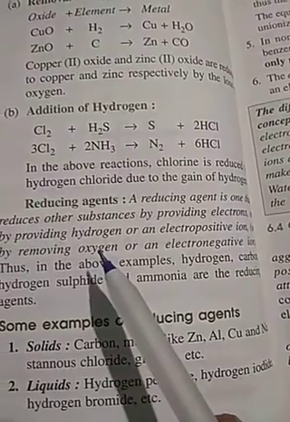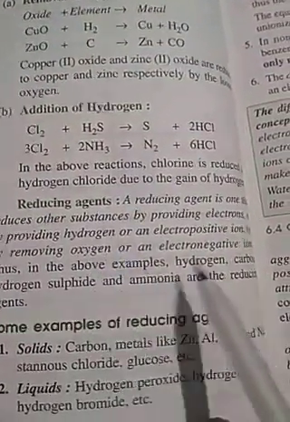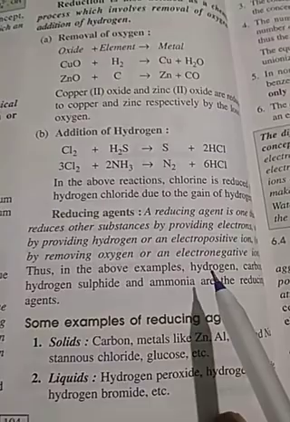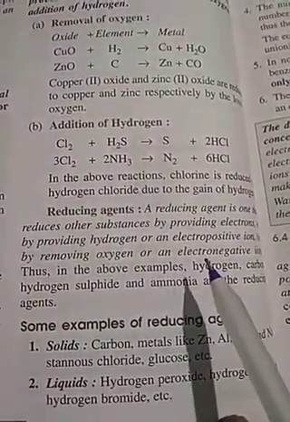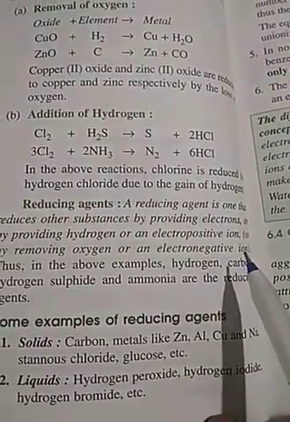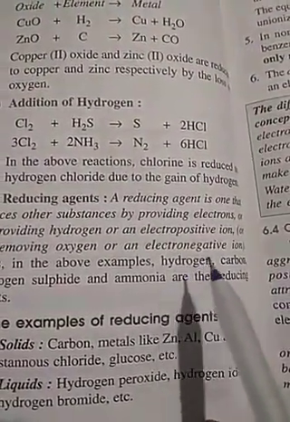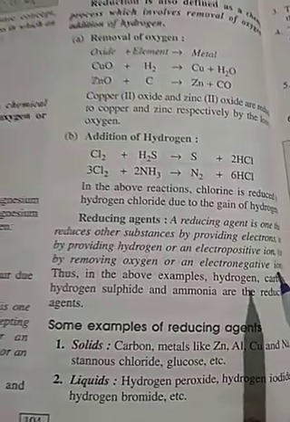Here oxygen means non-metals, which are also called electronegative elements. They form negative ions, or electronegative ions, meaning anions.